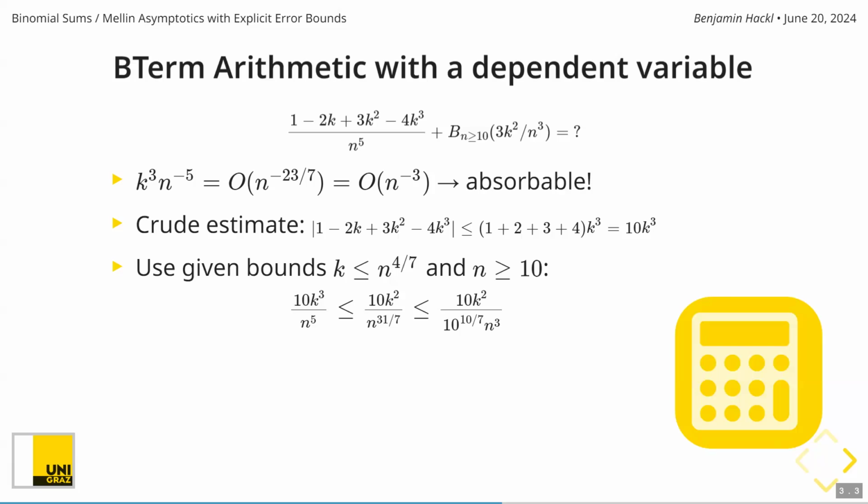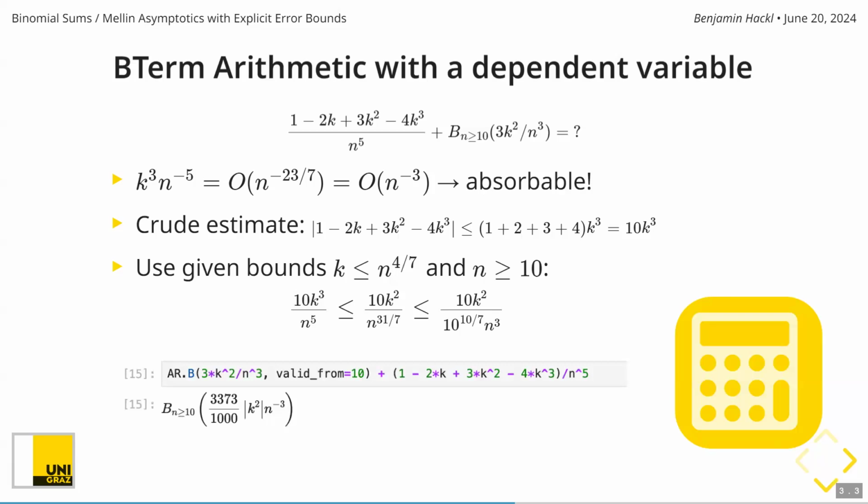And this is what happens internally in basically every step of the computation. And if you now ask Sage to compute this expression exactly, then it will tell us it's 3,373 over 1,000 times absolute value k squared n to the minus 3. Absolute value is not necessary, but it put it there because it's hard to get rid of that one, actually.